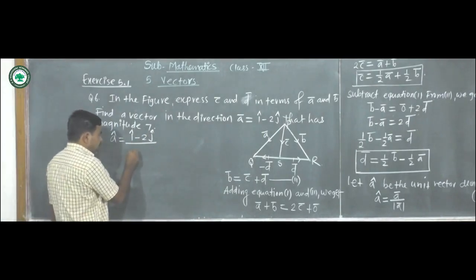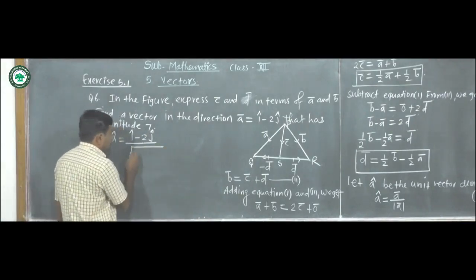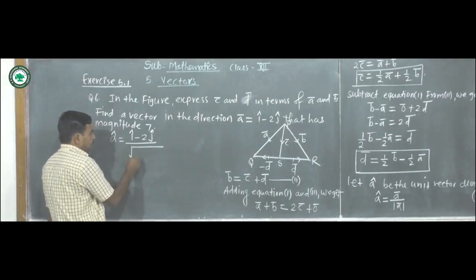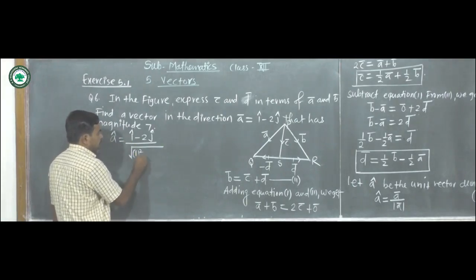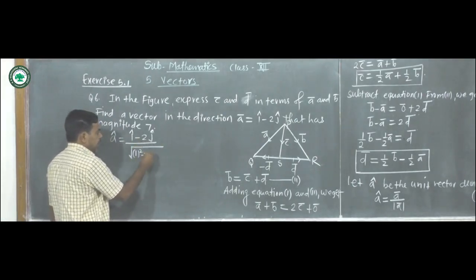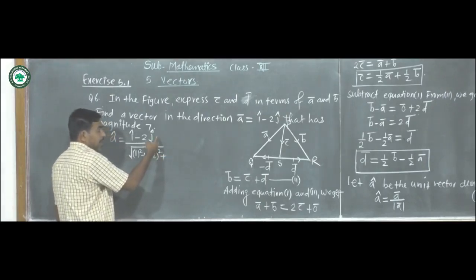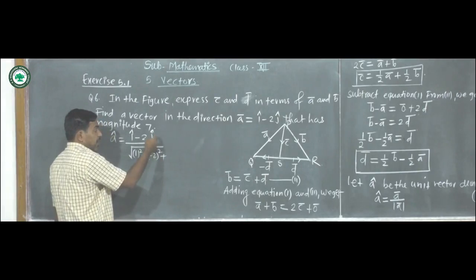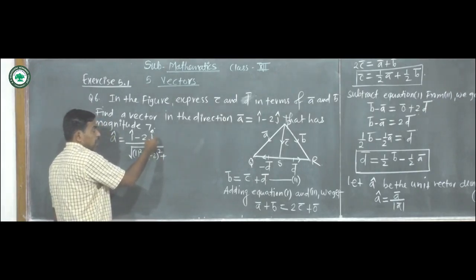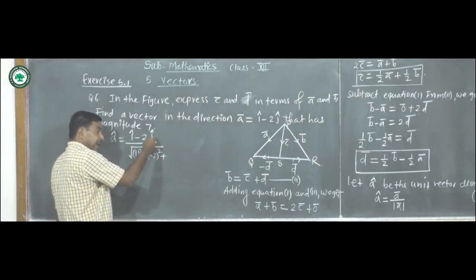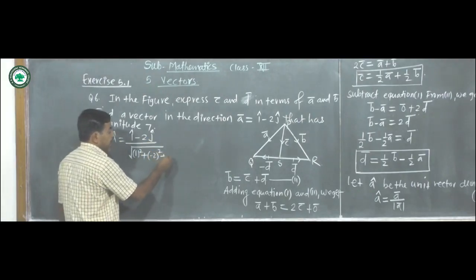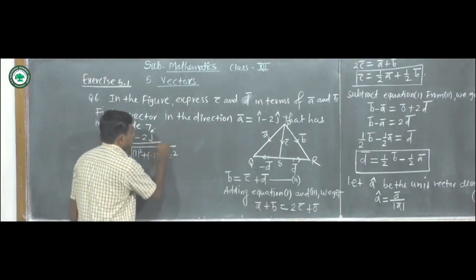The magnitude of vector a is square root of 1 square, the coefficient of I is 1 here, plus the coefficient of j, minus 2, square, plus, here k is absent, so we can take the coefficient of k as 0, so 0 square.